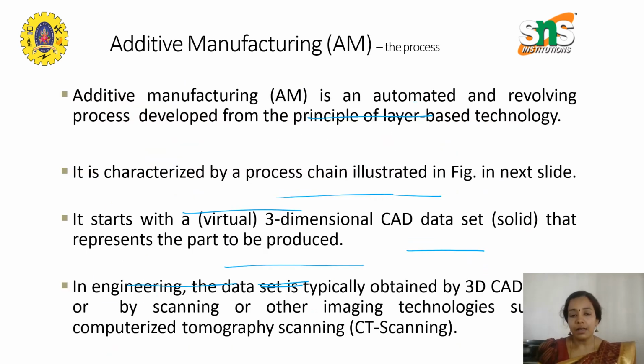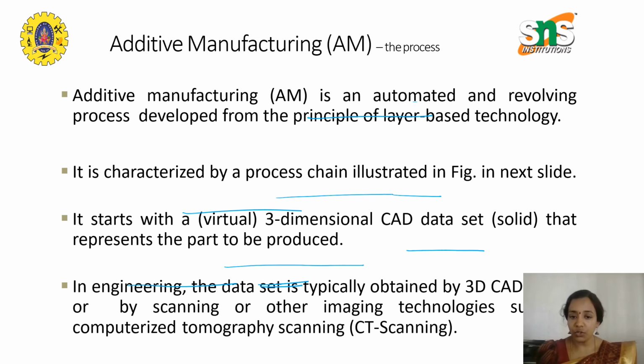The next is the additive manufacturing process. We are going to learn the process. It is an automated and revolving process developed from the principle of layer-based technology. It is characterized by a process chain illustrated in the figure.